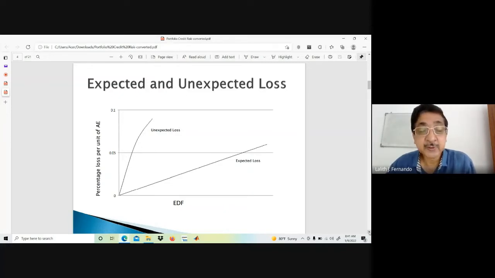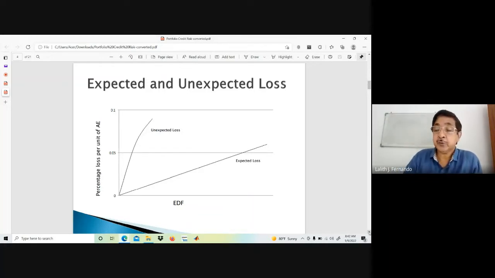That shows the behavior of unexpected loss versus EDF, when EDF increases, how the unexpected loss increases. So that is the criticality here. If there's a small increase in EDF, that would result in a very high increase in unexpected loss. That is a very important point to note.